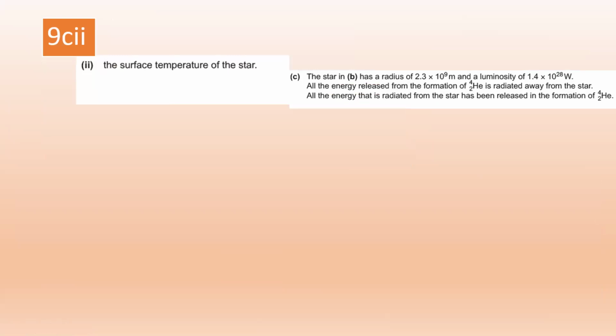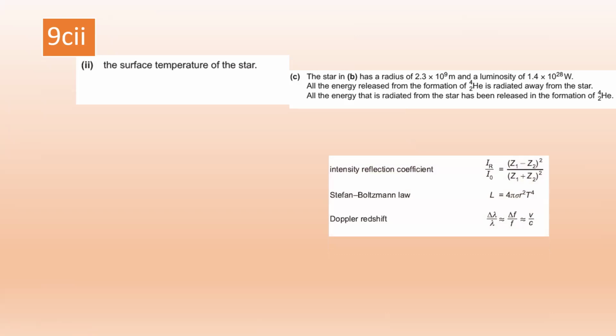Surface temperature of a star. What formula to use? It's L equals 4 pi r squared sigma T to the power 4. That is in your formula sheet.